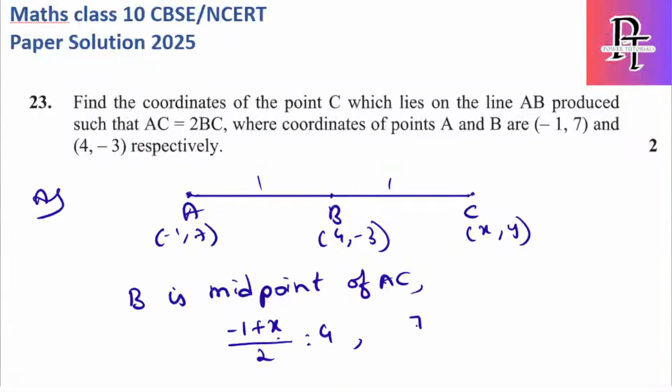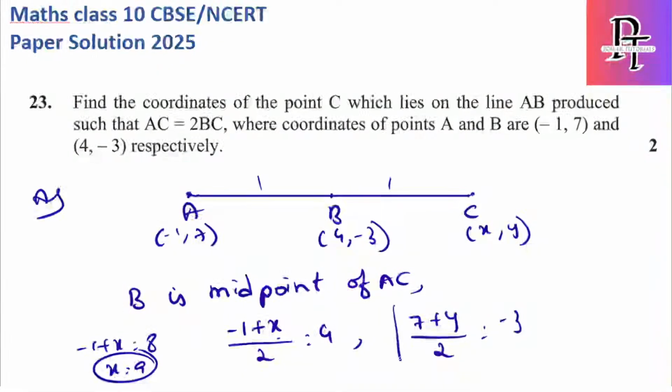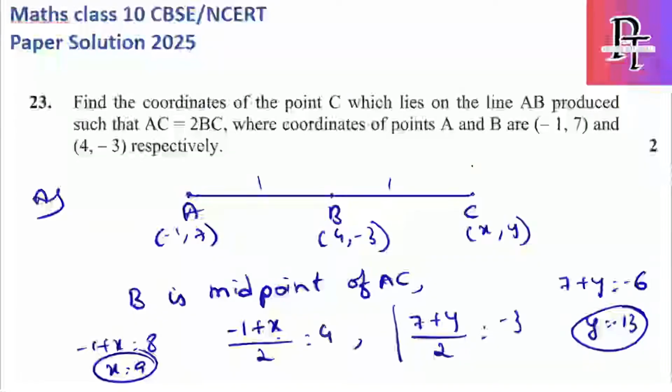Same way 7 plus y by 2 is equal to minus 3. So if I solve this, minus 1 plus x is equal to 8, so the x value is 9. What about here? 7 plus y is equal to minus 6, so the y value is minus 13. So I got the C value, which is 9 comma minus 13.